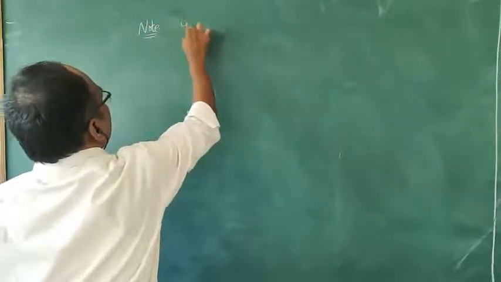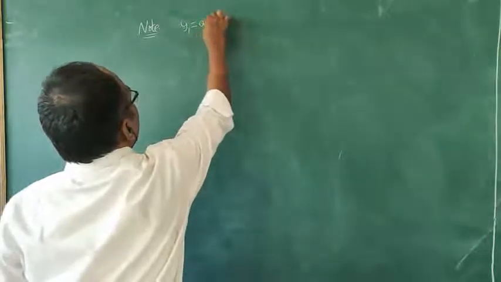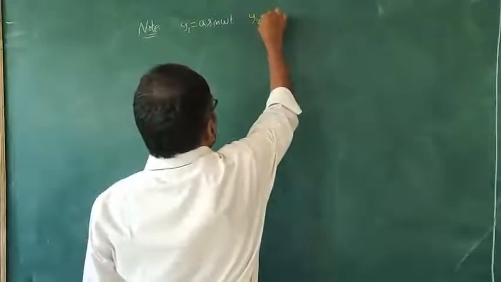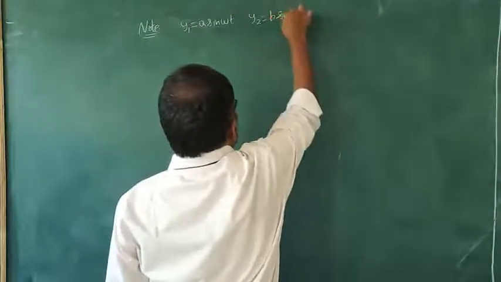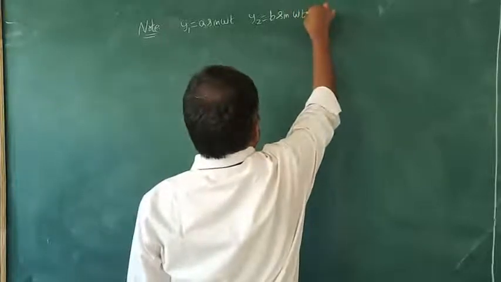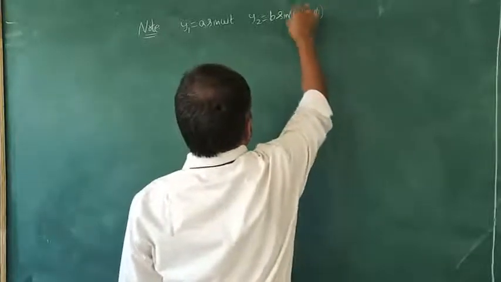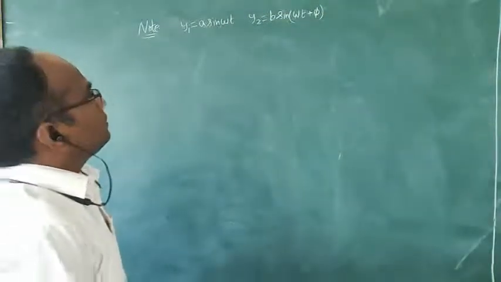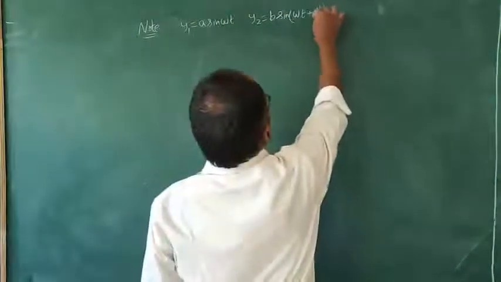Here y1 is equal to a sin omega t, and y2 is equal to b sin of omega t plus phi. Okay. This phi I'll take as theta.